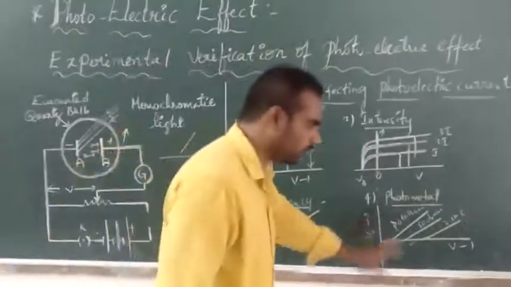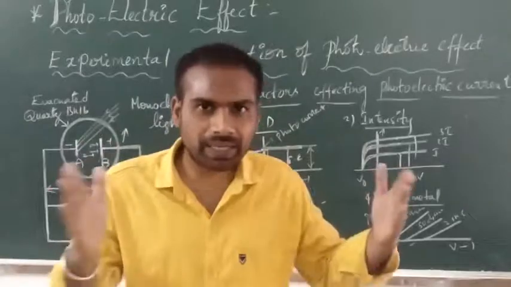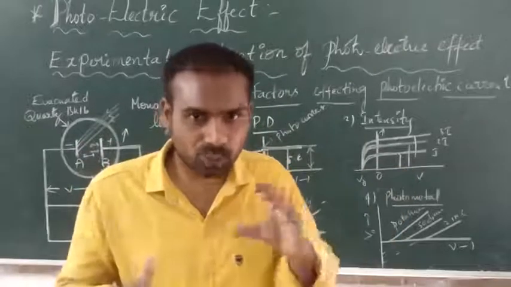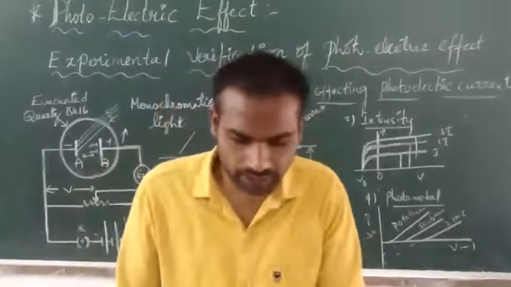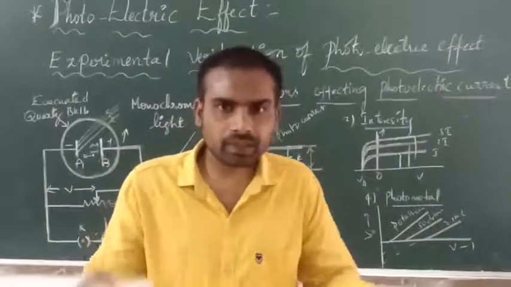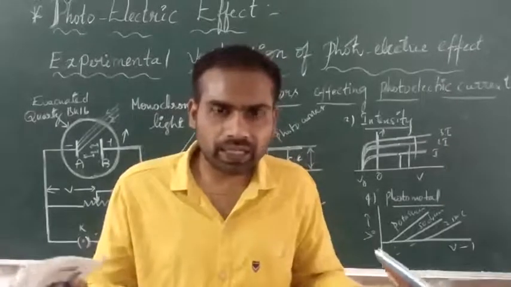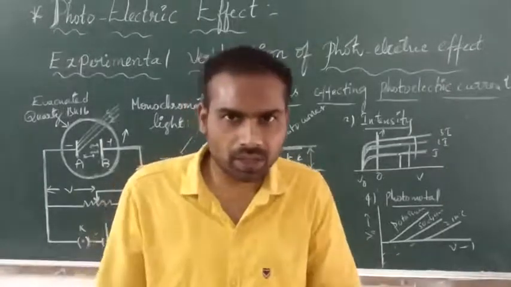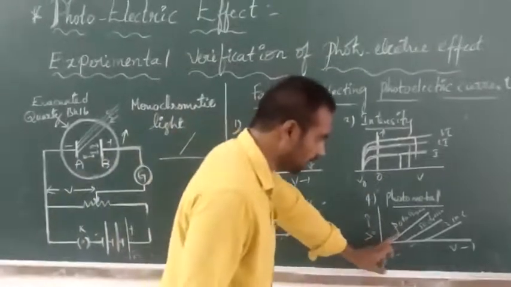Next, the fourth one. The photocurrent depends upon the photometal. If the metals are different, automatically the photocurrent emitted from the metal surface is also different. So the graph changes.